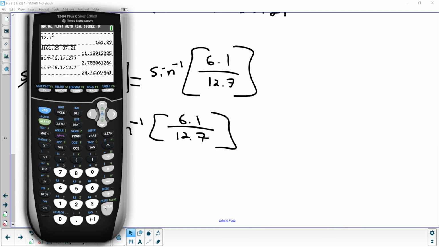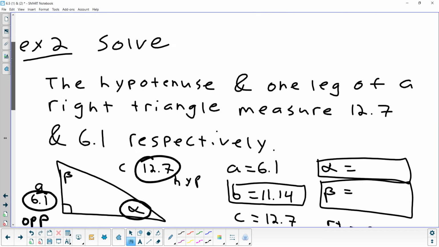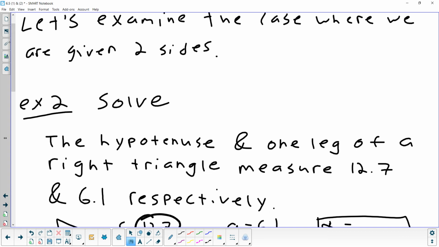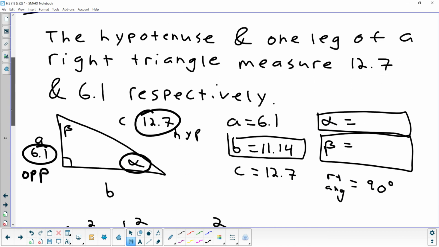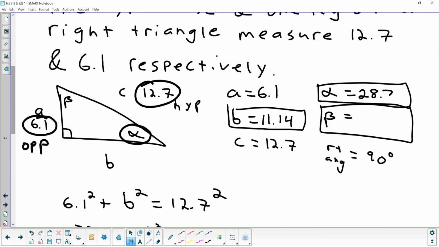Okay, that gives me 28.71 degrees. Okay, the answer here is an angle. That's what inverse trig always is used for. Inverse trig calculates an angle. 28.71.